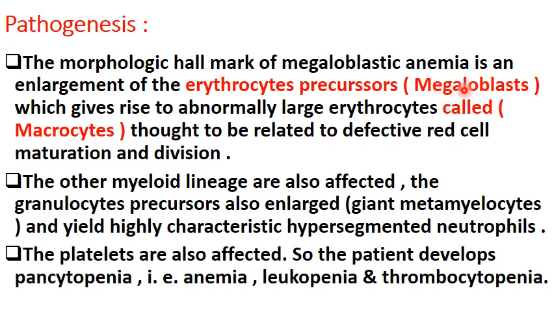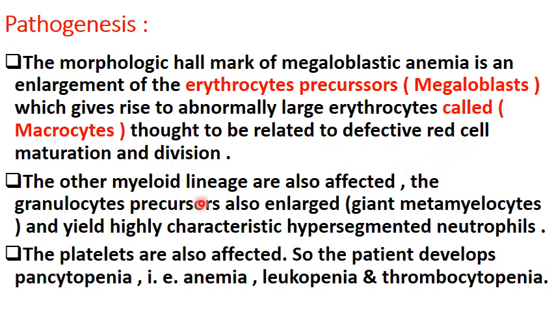The cells appear giant-like, very large, called macrocyte or megaloblast, the precursors of the erythrocyte. Then giving rise to what? To the large red blood cells, which are called macrocytes, which is thought to be related to defective red blood cell maturation and division.